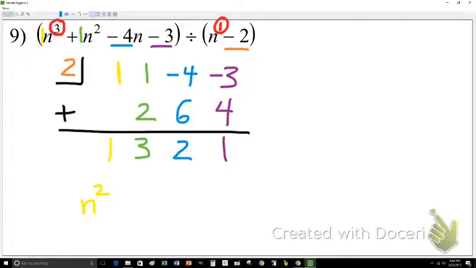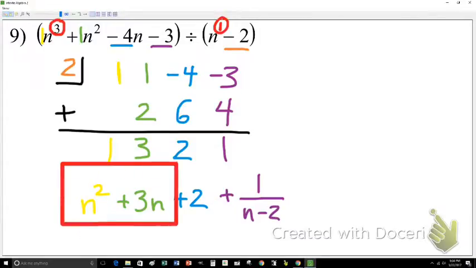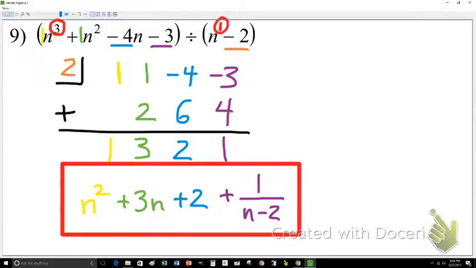Okay, so we have plus 3 n to the first, or n, and then plus 2 n to the 0, or it just isn't there. And then we have plus 1 over our divisor of n minus 2. Okay. So there's our final answer there.